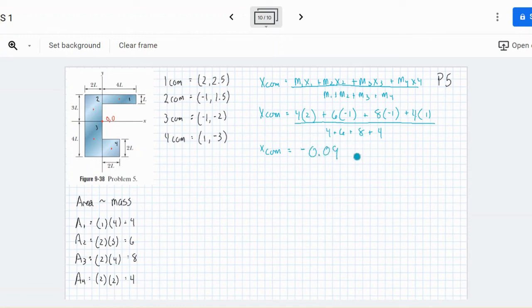Now, we did this in terms of L. So to get the actual position, I have to multiply by L, which is 5 centimeters. And I end up with a position of -0.45 centimeters. So it's negative. So it's just to the left a little bit. Okay, let's do the Y.